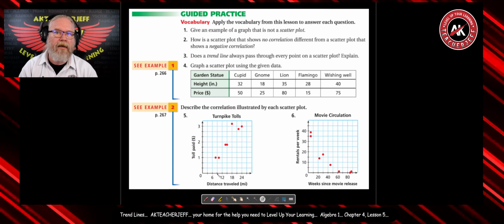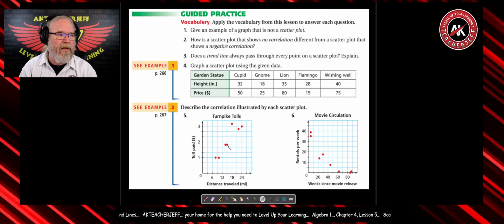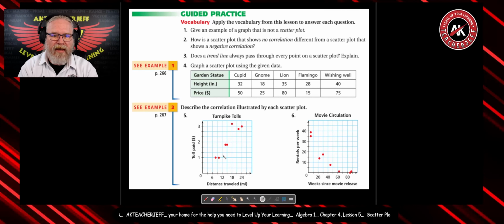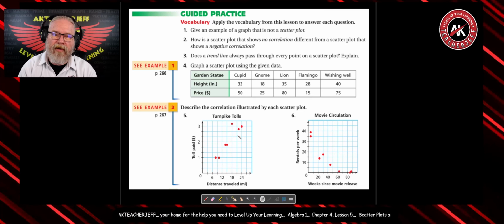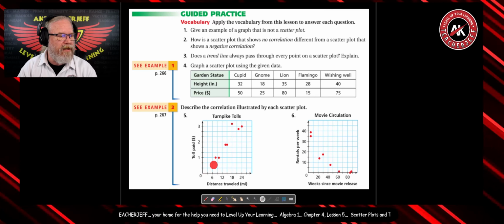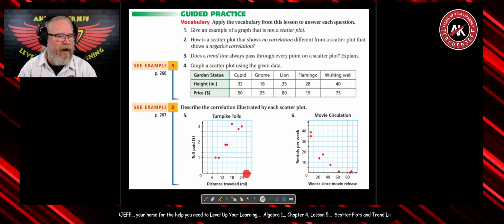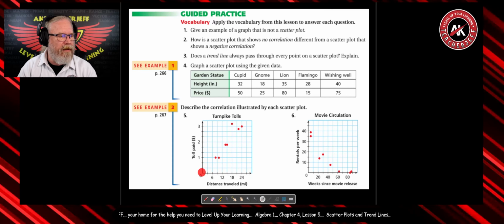You drive for a while, go through a toll booth stall, that's where you pay money, and you drive till you get to the next one. And obviously the further you drive, the more you spend. So this is going to be a positive correlation. It's going up because the further that you drive, the more you spend.